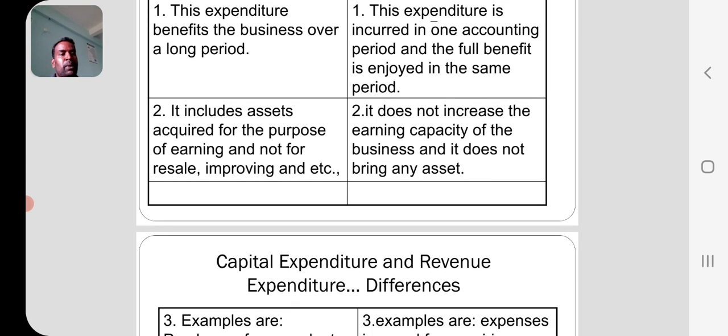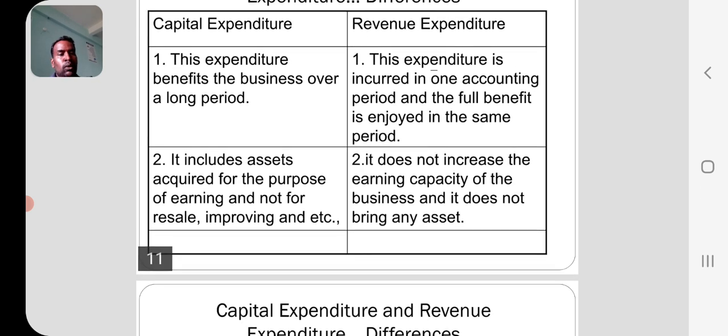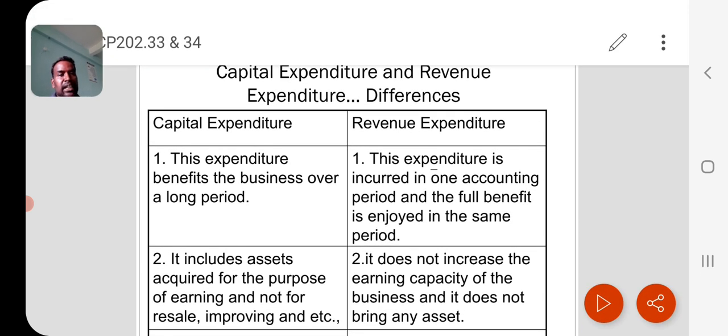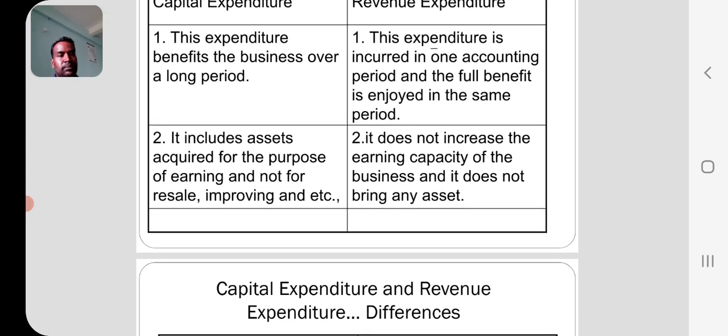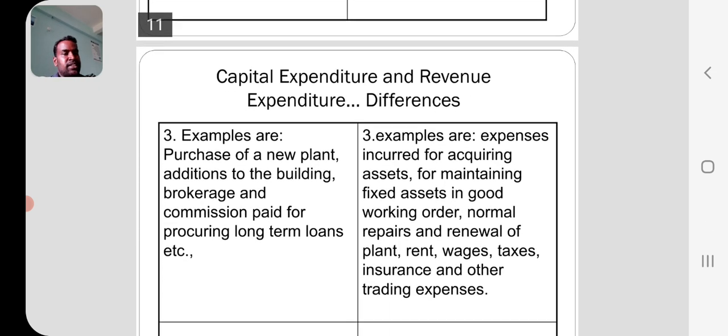Coming to capital expenditure, it includes assets acquired for the purpose of earning and not for resale, improving, etc. Revenue expenditure does not increase the earning capacity of the business, and it does not bring any asset.